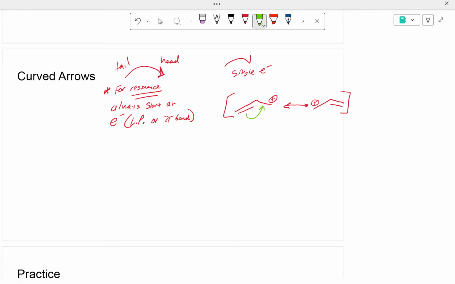Okay. Notice I did not do this. Let me do a wrong way here. I did not do this and move it to that atom. Okay, that's the wrong way. Because this resonance form shows that these two carbons now have the pi bond. So that's where I'm moving that towards.